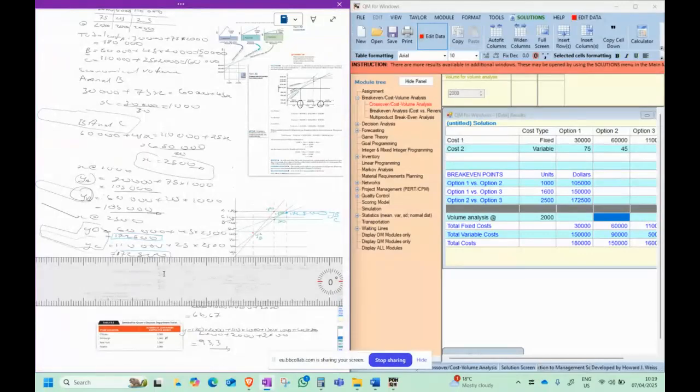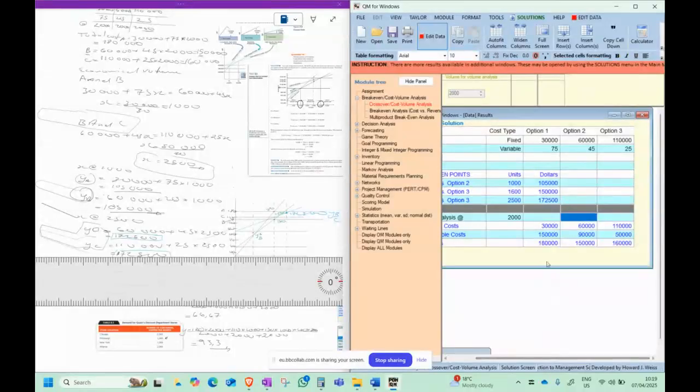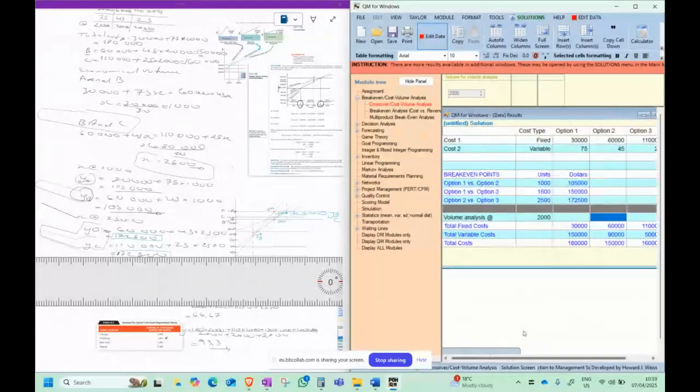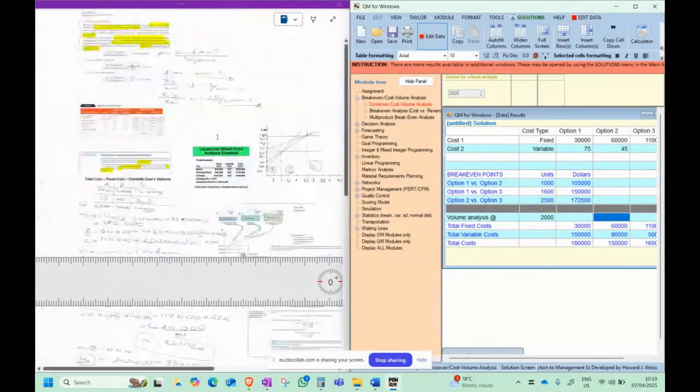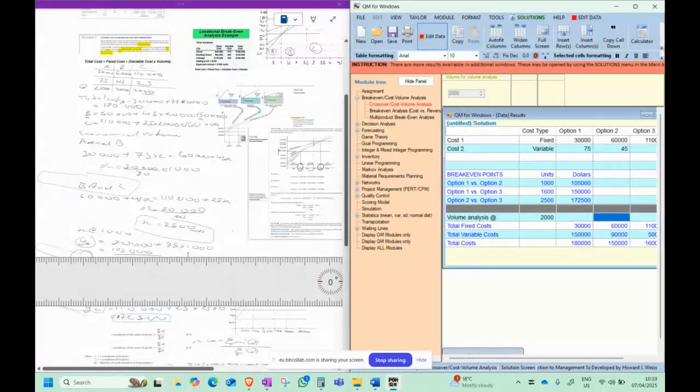We did get these results. And then for the total cost at 2,000 units, we got 180, 150, 160, and we did get them indeed there.